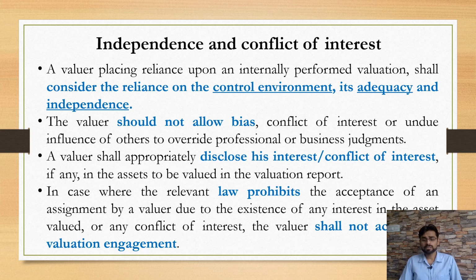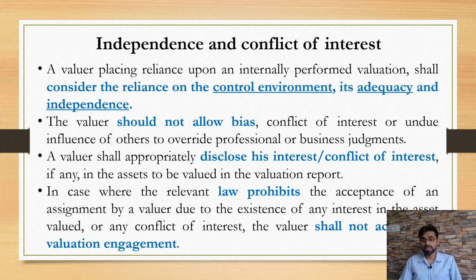Then independence and conflict of interest. Valuer can place reliance on the environment, considering the environment, for example, if the client is using third party software and the client has no control over that, he would have to understand the tools and software being used by the client or by the management in carrying out their activities, whether the valuer will be able to place a reliance on that.